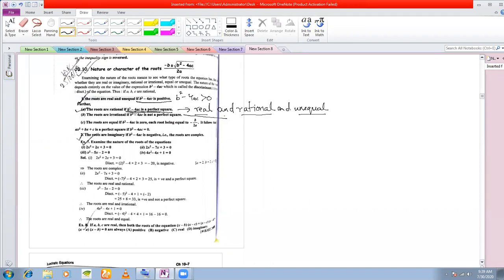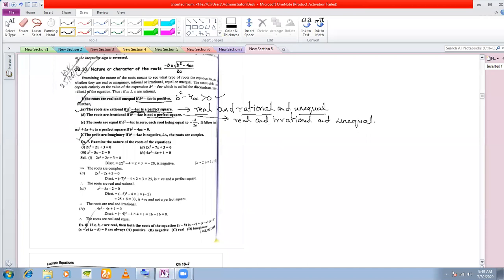If b square minus 4ac is positive, and if b square minus 4ac is not a perfect square, then we say that the roots are real and irrational, and unequal.